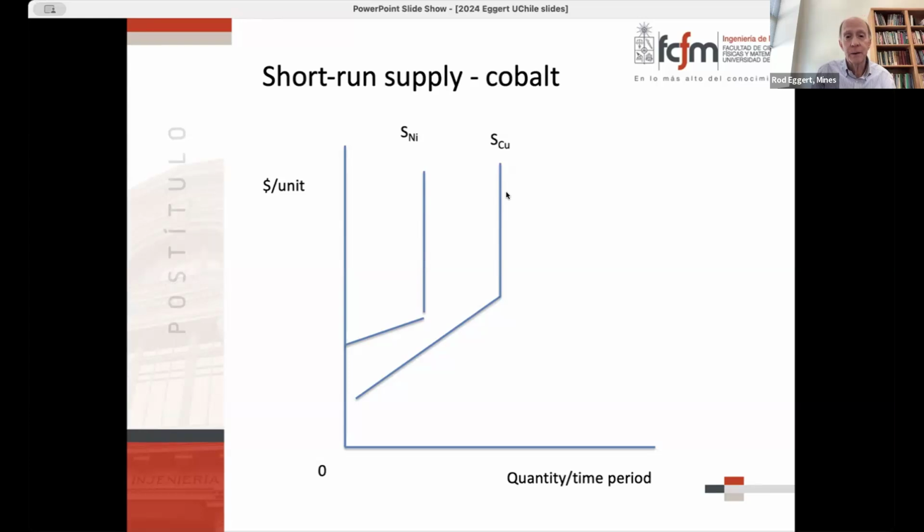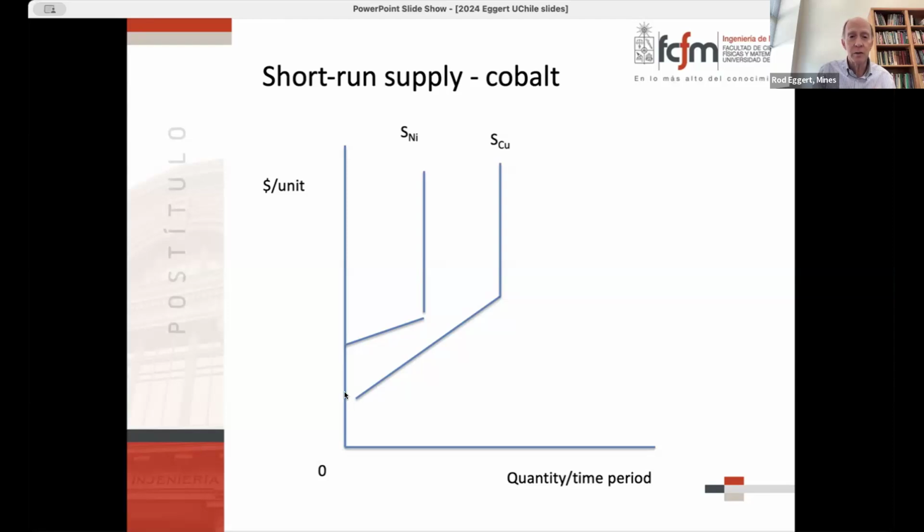Now, how do we determine a total supply of cobalt in this simplified world? Well, the logic is the following. At each price, ask the question, what quantity of cobalt is available? If we start at the bottom at zero price, zero cobalt is available. When does cobalt begin to become available?